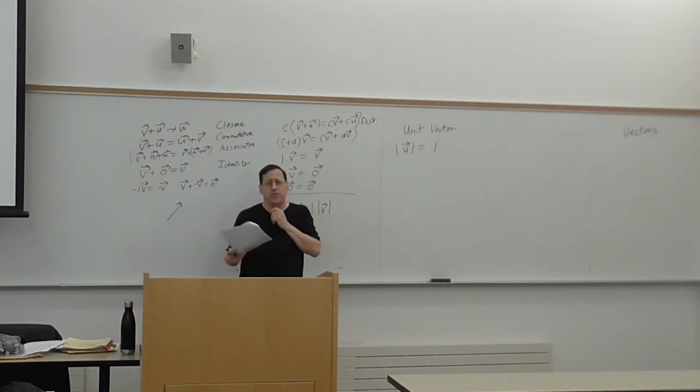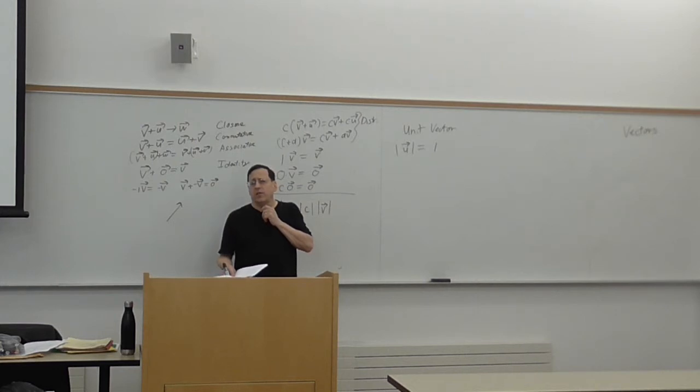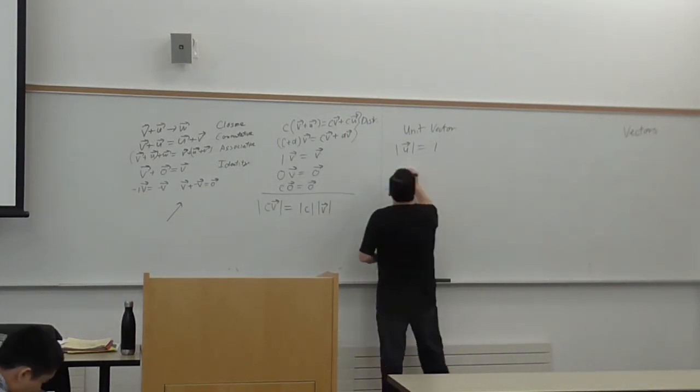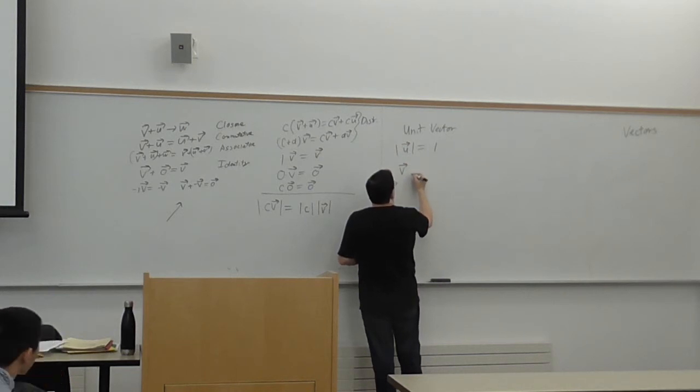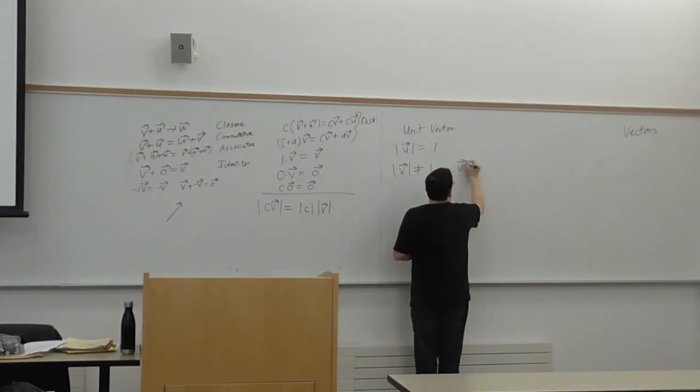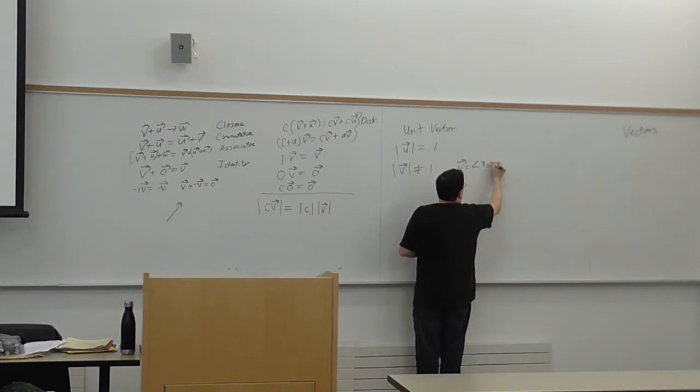If you have a vector that's not a unit vector, and you'd like a unit vector in the same direction as that vector, it's very easy to produce that. Let's say I have some vector v whose norm is not 1. Say v is (3, 4).